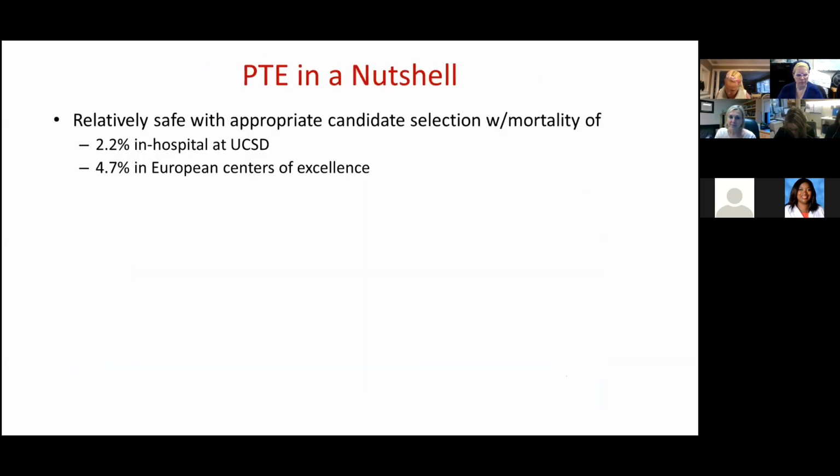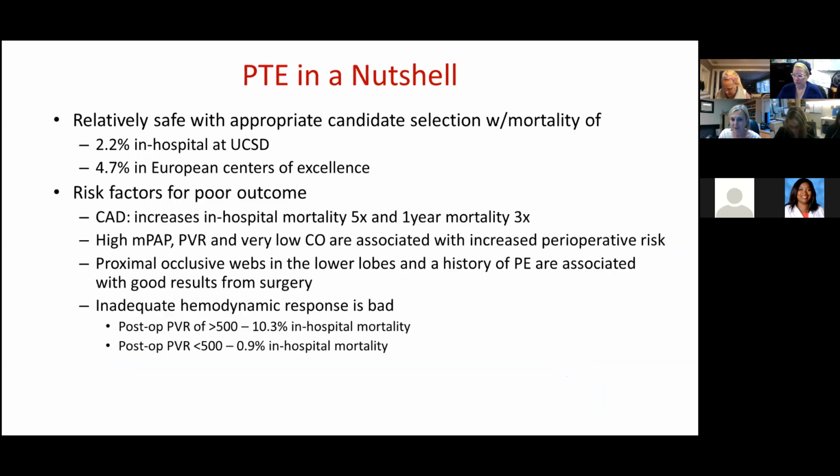So PTE in a nutshell is a relatively safe procedure. Again, you have to have appropriate candidate selection. Mortality is about 2.2% in hospital mortality, and that data comes from the major center in the United States, UCSD, that has done thousands of surgeries.